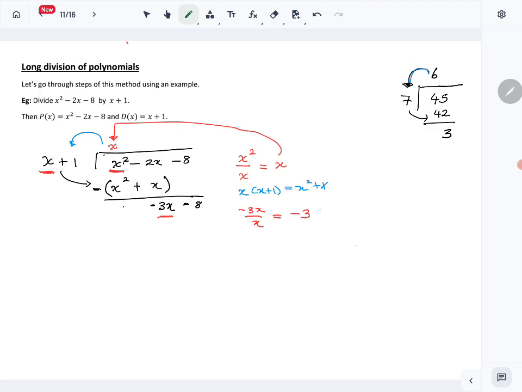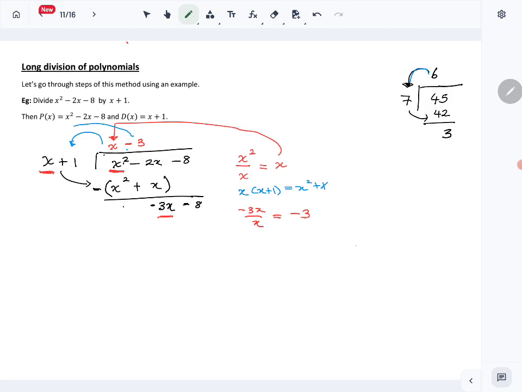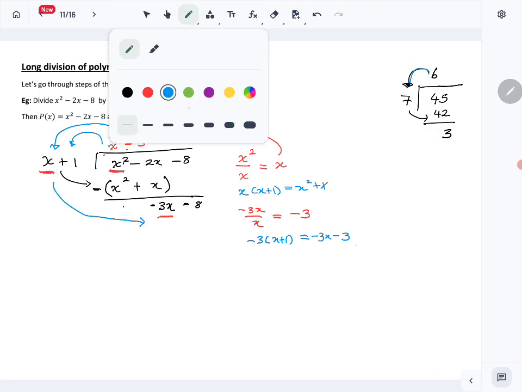So you get minus 3. Put that again here. Then what should you do? Again the same step. Minus 3 times the divisor. So that is what? Minus 3x minus 3. Put it under here.